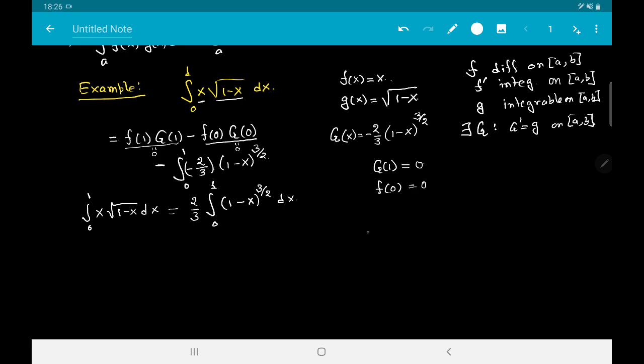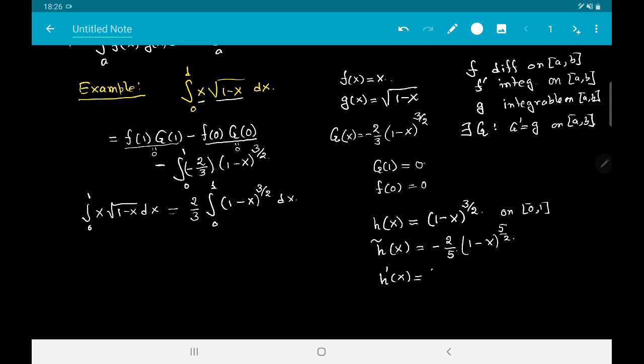So if I now call this function small h(x), given by (1 minus x) to the power 3 by 2, and I take a function h tilde(x), both on the interval 0 1, defined as minus 2 by 5 times (1 minus x) to the power 5 by 2, you can easily see that h tilde prime(x) is equal to h(x) for all x in the closed interval 0 1, and that all the conditions in the hypothesis of fundamental theorem of calculus 2 are satisfied.